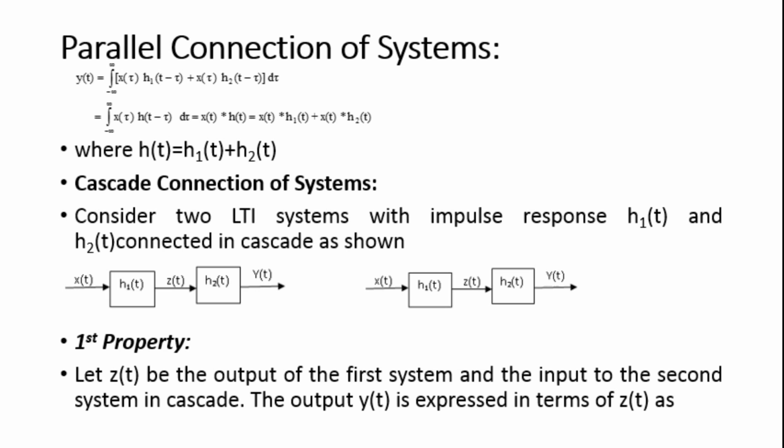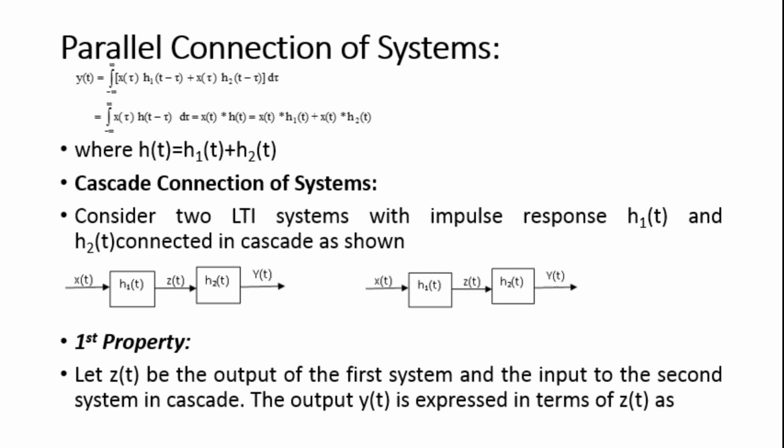That is, y of t is equal to the integration from minus infinity to infinity of x of tau into h1 of t minus tau plus h2 of t minus tau, d tau, which is equal to the integration from minus infinity to infinity of x of tau into h of t minus tau d tau, which is equal to x of t convolution with h of t, which is equal to x of t convolution with h1 of t plus x of t convolution with h2 of t, where h of t is equal to h1 of t plus h2 of t.